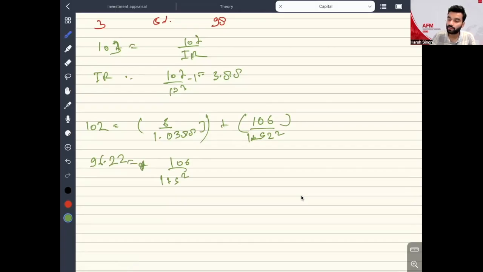For example, 1 plus S2 squared is equal to 106 divided by 96.22.